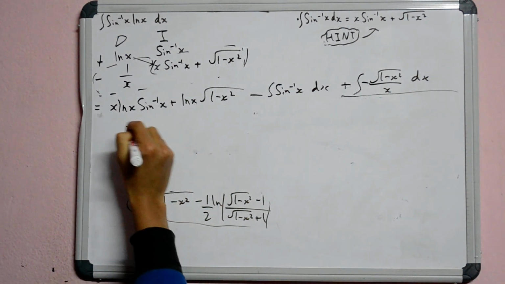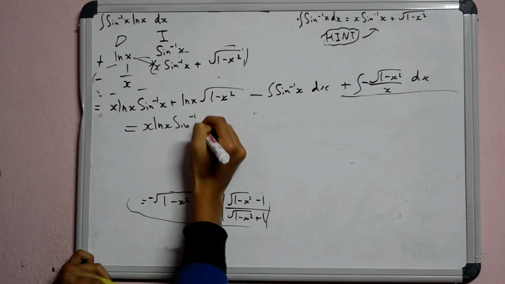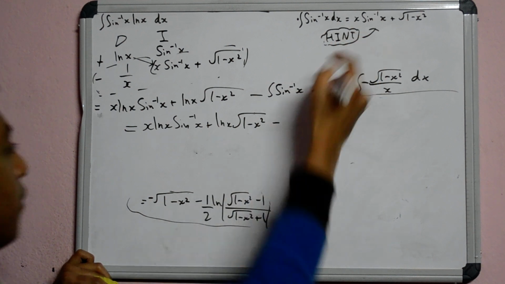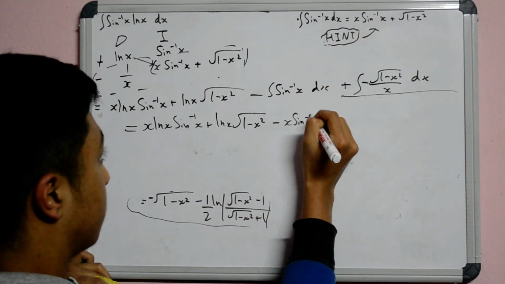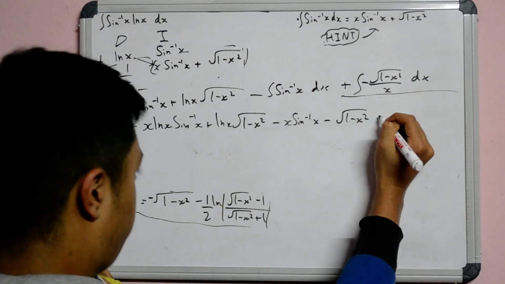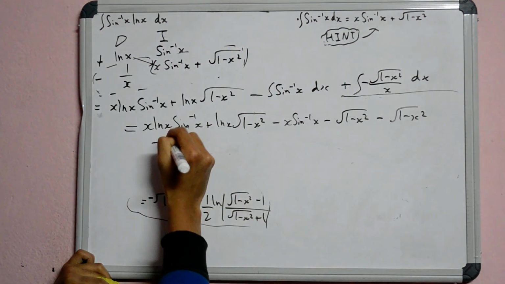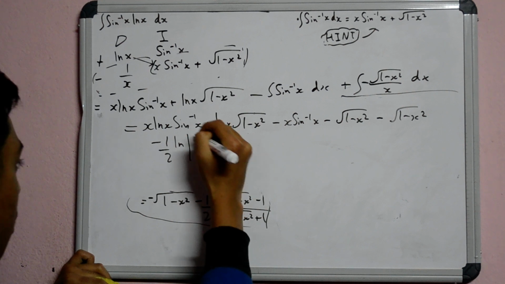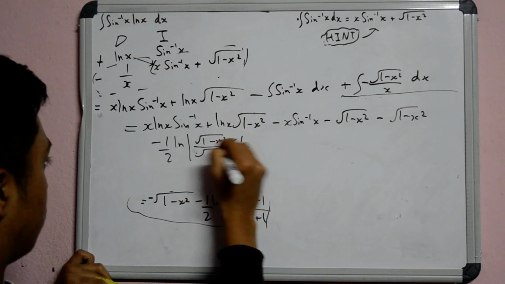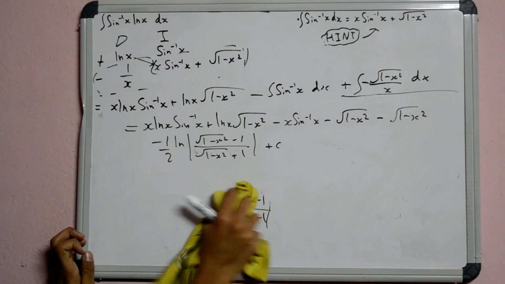I think in the next step we can directly write the answer: x ln x sine inverse x plus ln x root 1 minus x squared, minus the integration of that, which is minus sine inverse x minus root 1 minus x squared, minus root 1 minus x squared minus 1 by 2 log natural of root 1 minus x squared minus 1 by root 1 minus x squared plus 1, plus c for now.